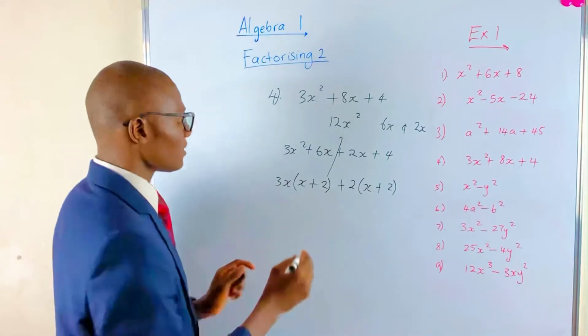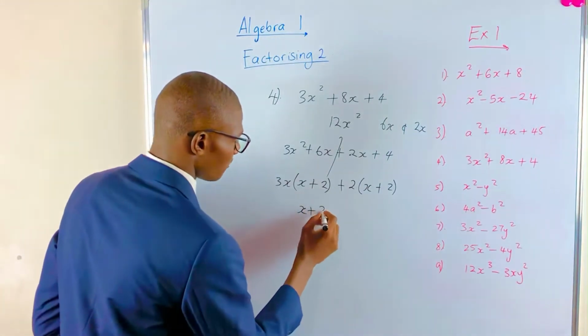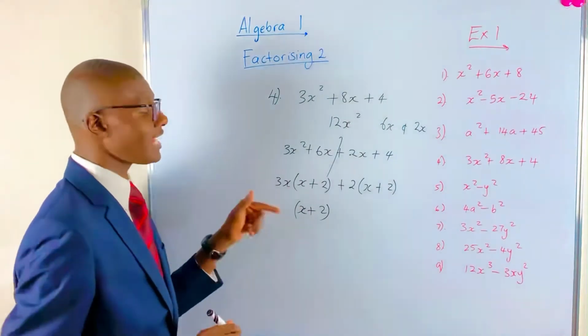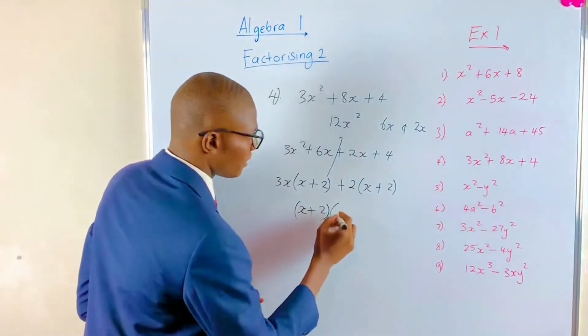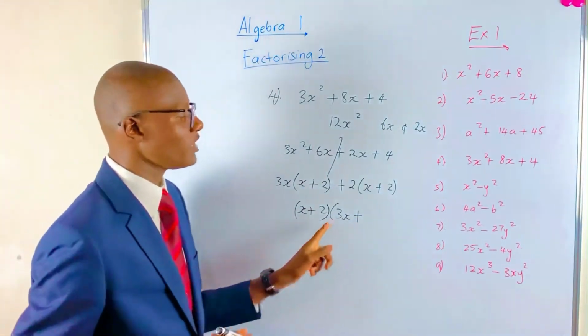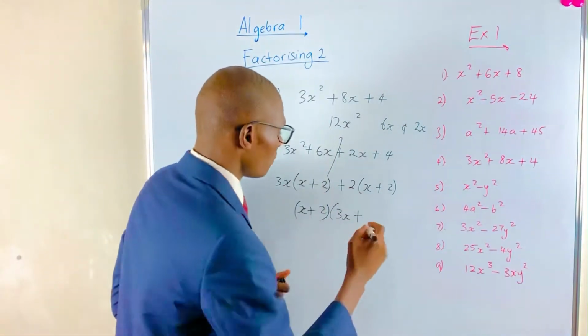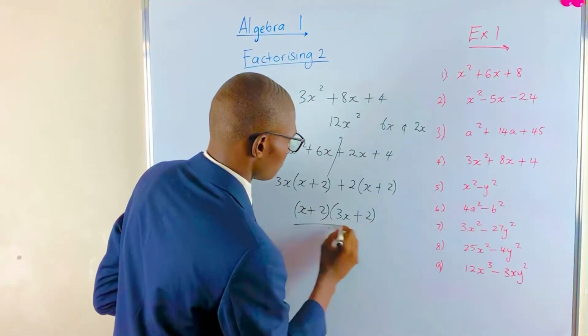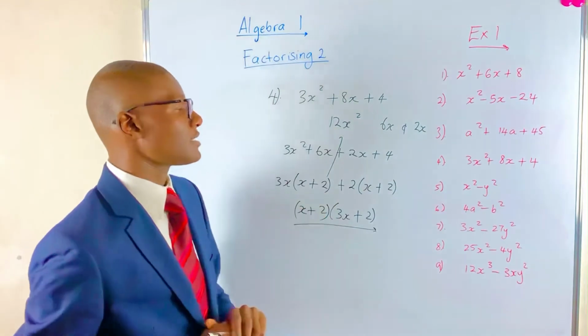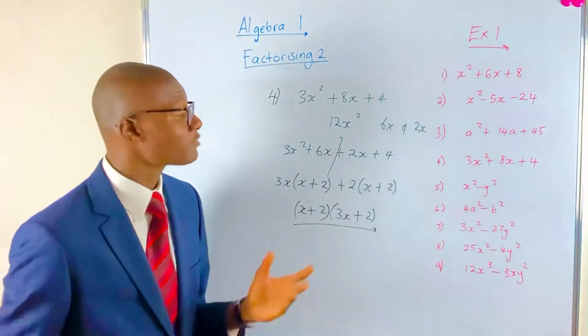So we see x plus 2 is common, and we shall factor out x plus 2. Then we say x plus 2 into 3x times x plus 2, we get a 3x, plus x plus 2 into 2 times x plus 2, we shall get a 2. So this is the result that we get after we've factorized the quadratic expression for number 4.